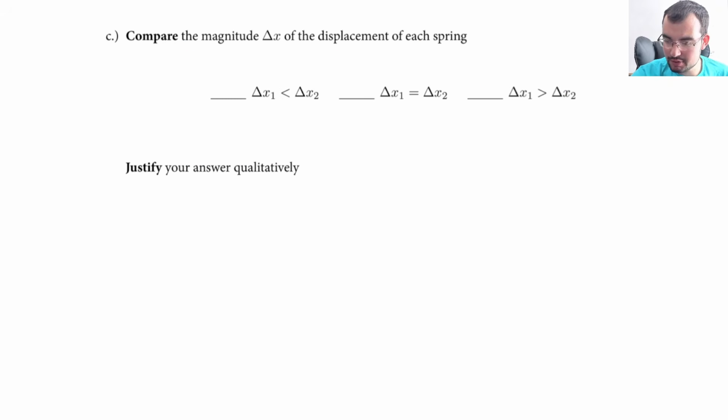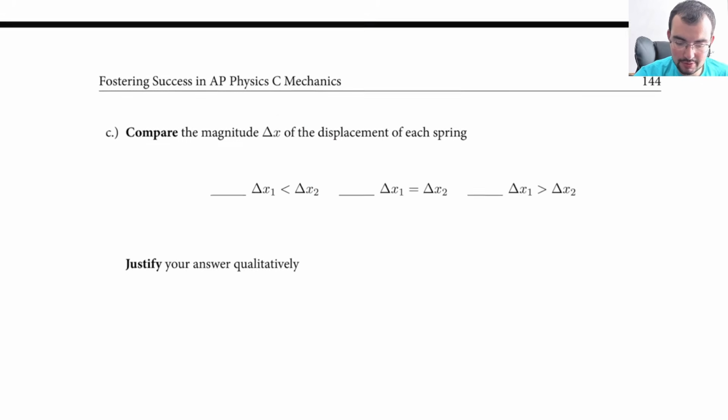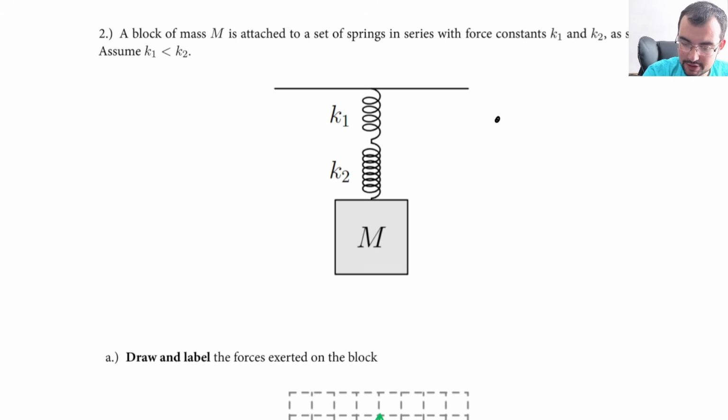All right, what about the displacement of each spring? Once again, we have the light spring K1 and the bulky one that has a larger constant K2. Well, we said that this configuration is the same delta x. Or sorry, no, bad. This configuration is the same force.